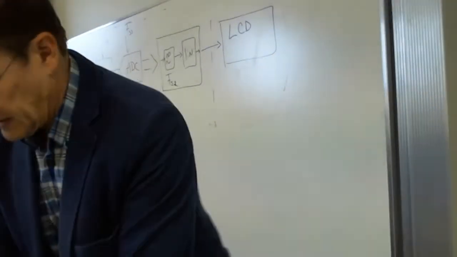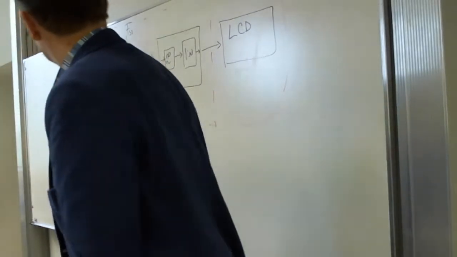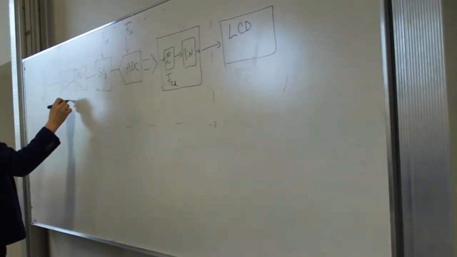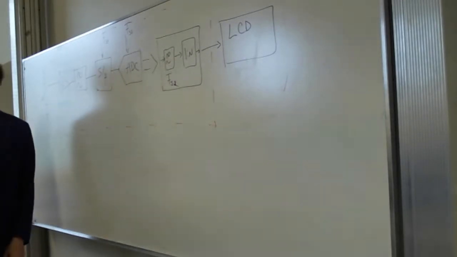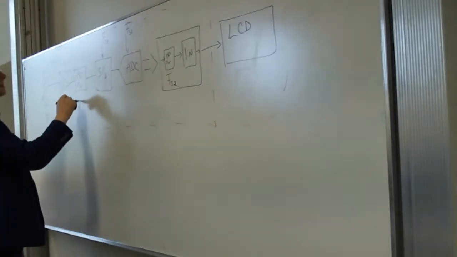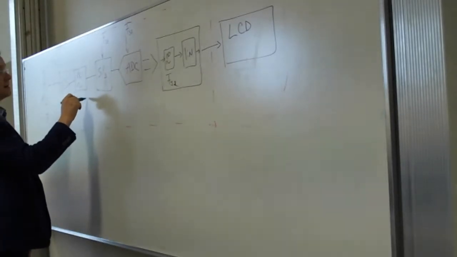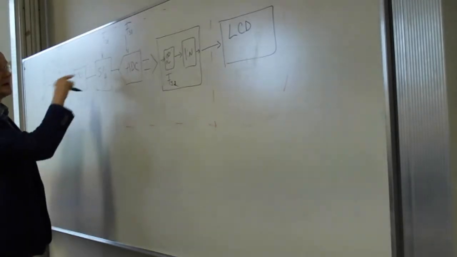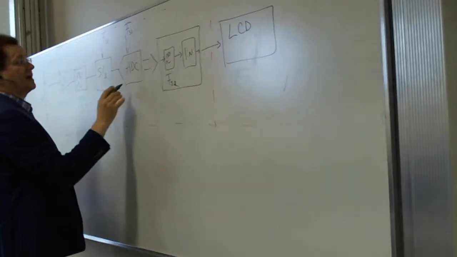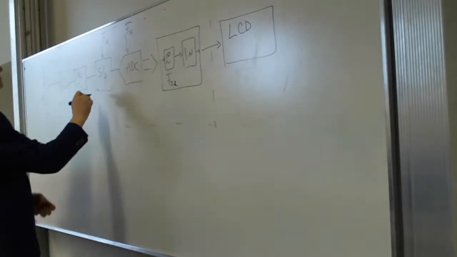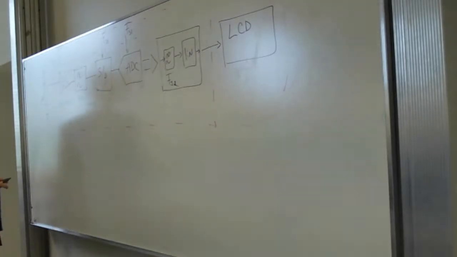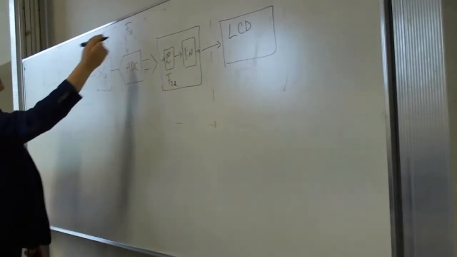They have the analog amplifiers, even analog filter, sample and hold, and A to D basically. This is just one block. They call it analog to digital conversion.